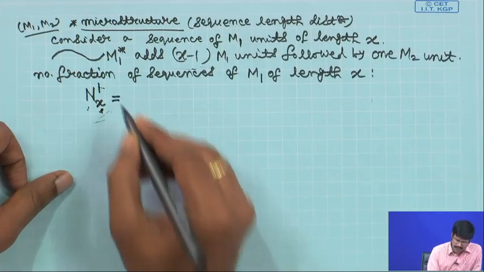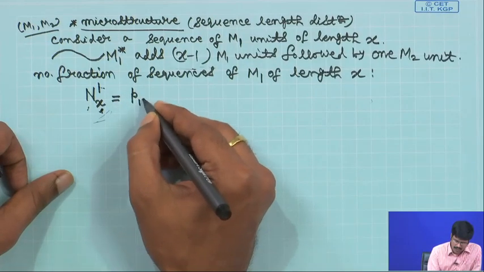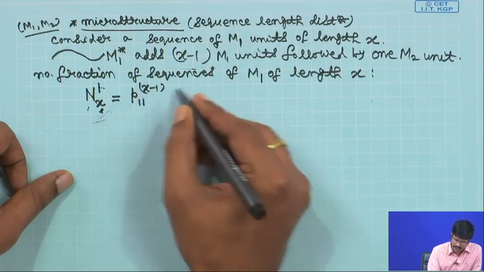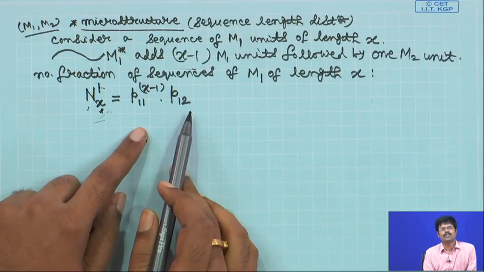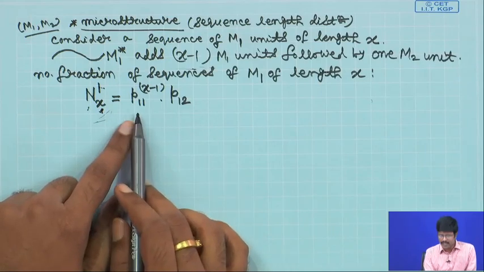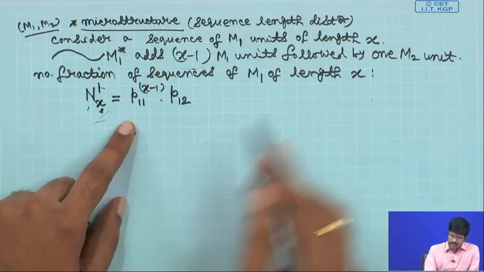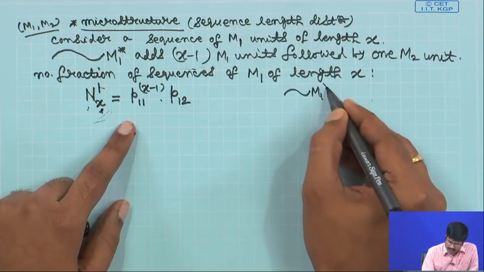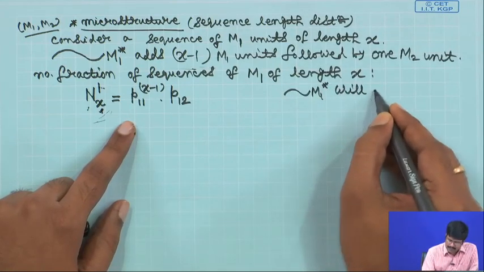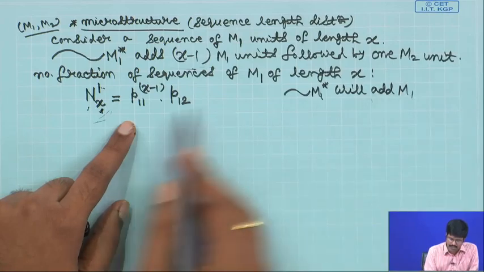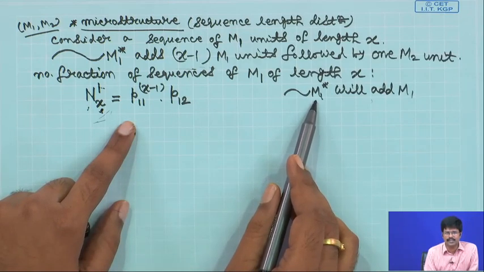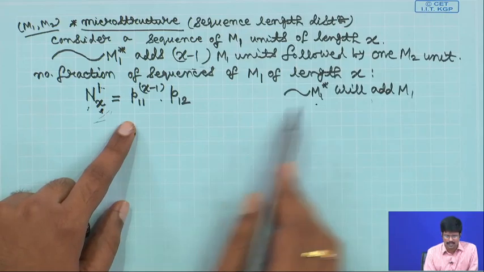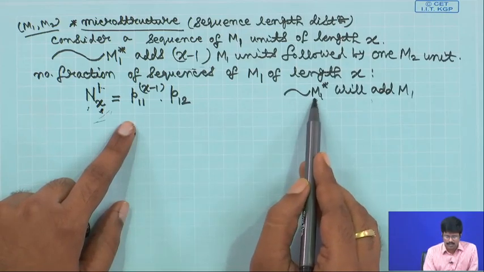So, this is nothing but P11 to the power x minus 1 into P12. Now, P is basically the probability. P11 is the probability that your M1 star will add M1, that is why it is 1 1. The first number in the subscript indicates the identity of the reactive center, which is this M1 star.